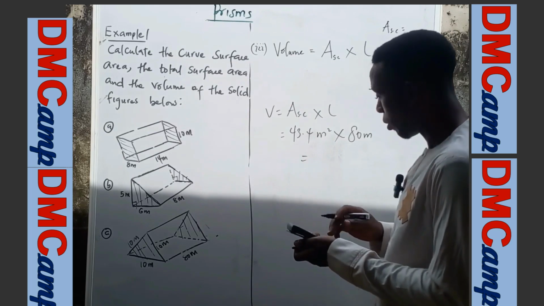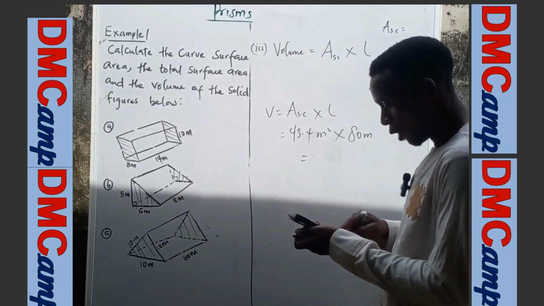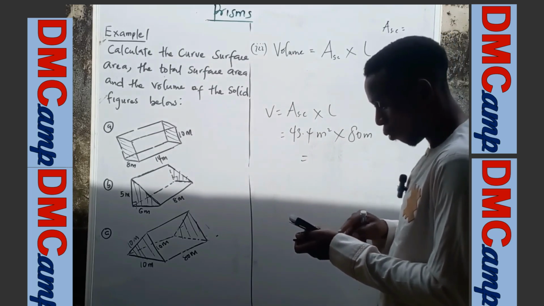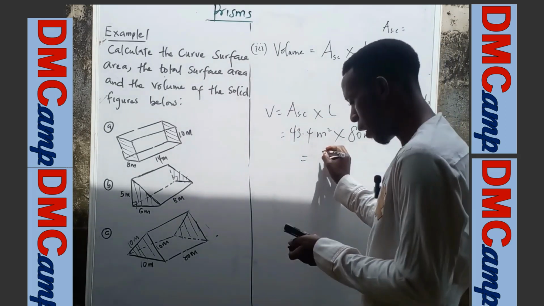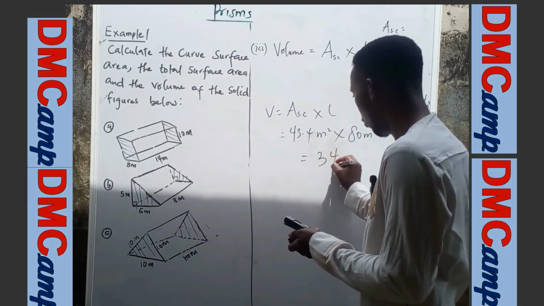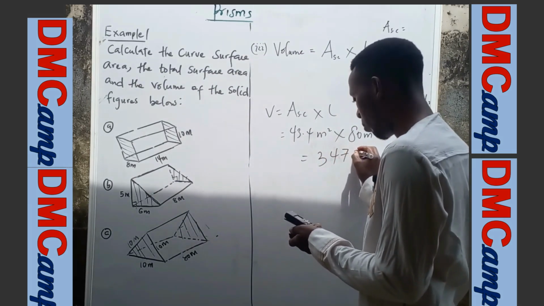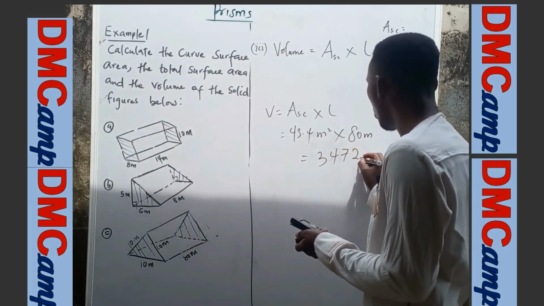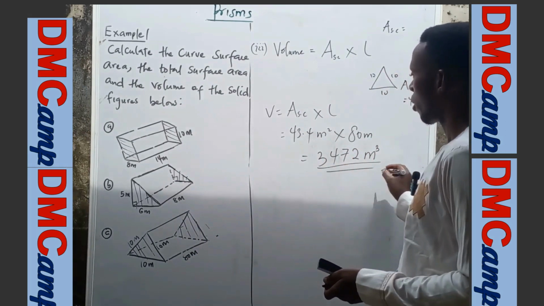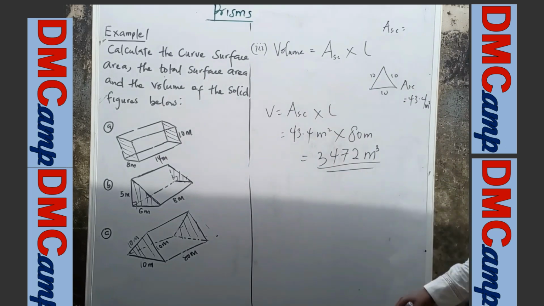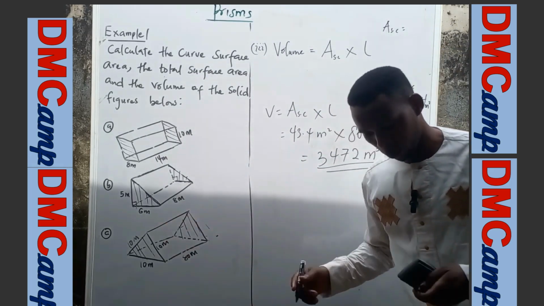So by doing this, 43.4 multiplied by 80, I have 3,472 meter cube. So this is the volume of this shape.